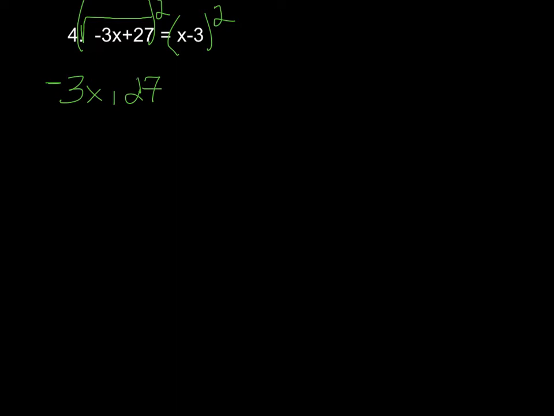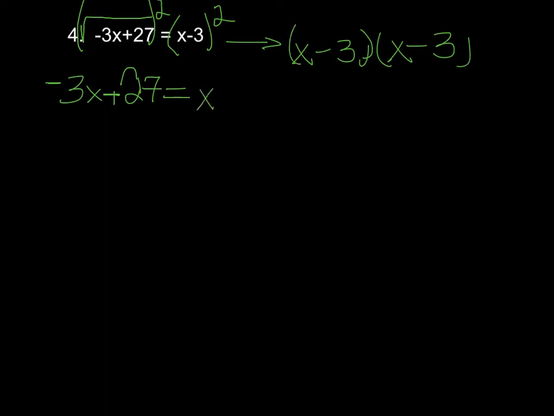Now on the right hand side we've got to double distribute. So x minus 3 times x minus 3. Okay, so that's what we're going to be doing. So when we do that, we're going to get x squared.